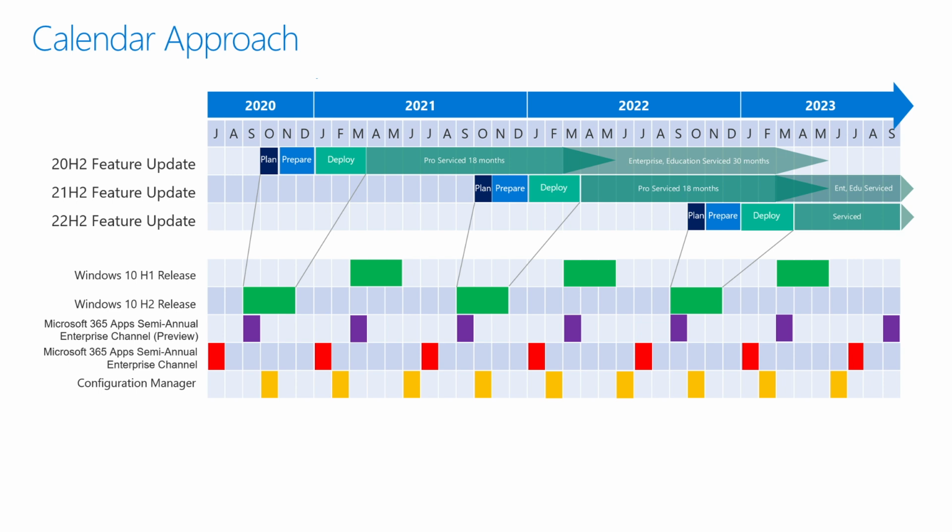Now, we're very aware that no one snaps to our Windows release cadence. If I think about retail, for example, the busiest time of year is typically November, December. So sometimes that won't align with what we have here, but it does serve as an overview of how you can start thinking about that plan, prepare, and deploy motion across each of the feature updates.